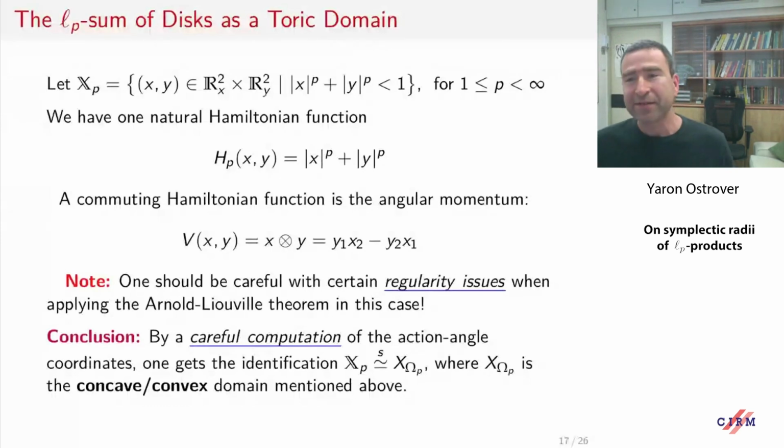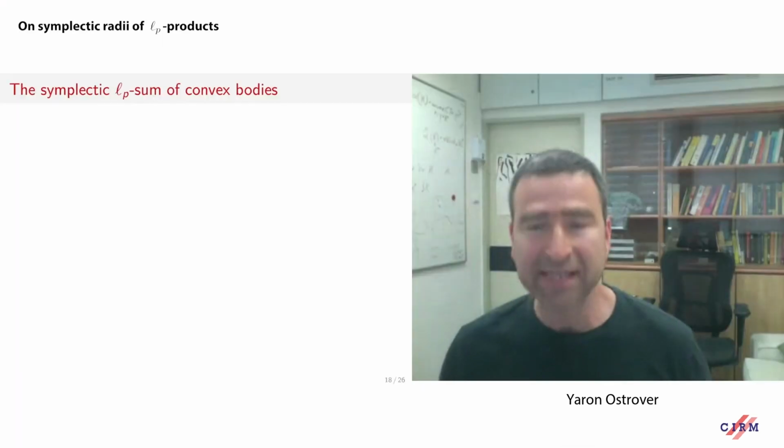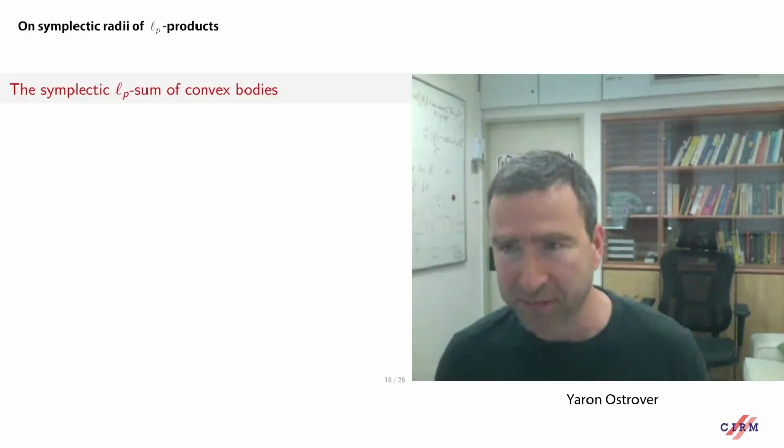Yes. So of course, this is only one example, the P sum of two disks, and I still need to convince you why I believe that this is, in general, a natural class to consider. But before doing that, let me make a comment about the symplectic sum of convex bodies.